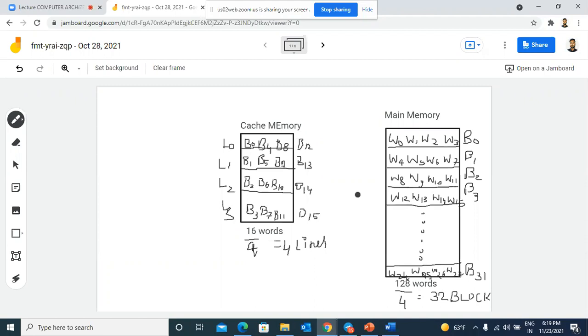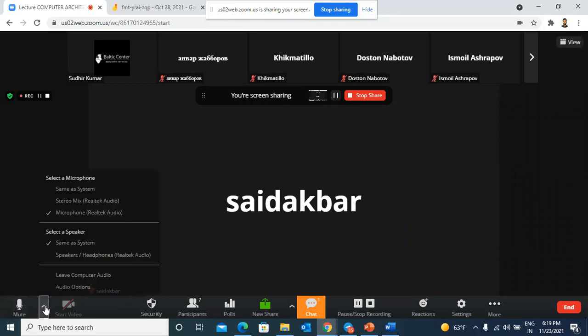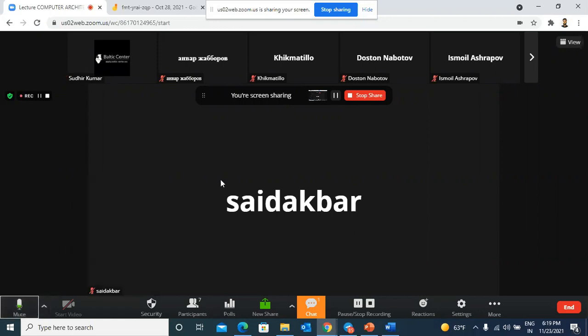If a line is previously taken up by a memory block, when a new block needs to be loaded, the old block is thrown out. An address space is split into two parts, the index field and the cache field.